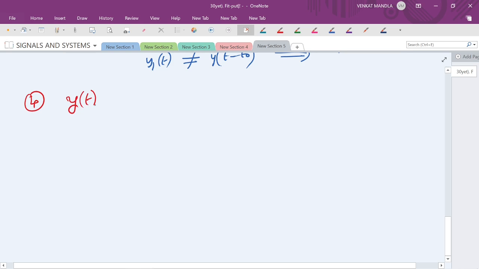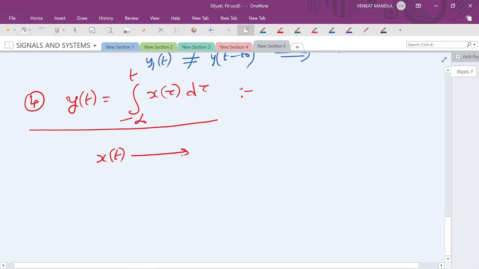y(t) equals the integral from minus infinity to t of x(tau) d tau. To check the linearity condition, x(t) is the input and y(t) is the output.